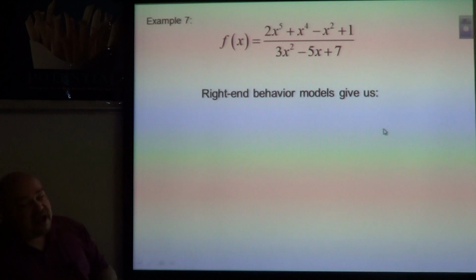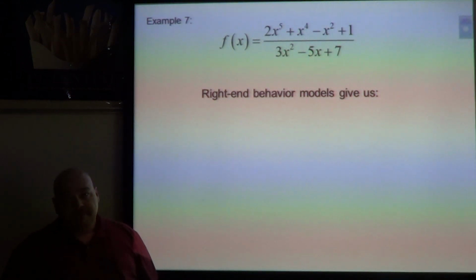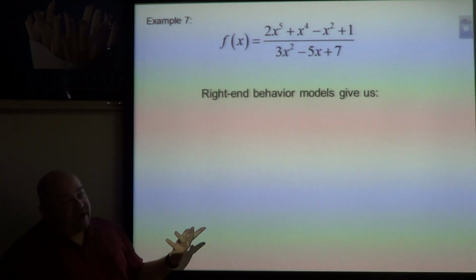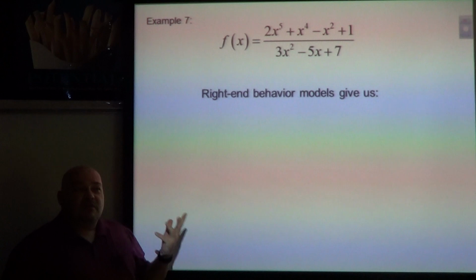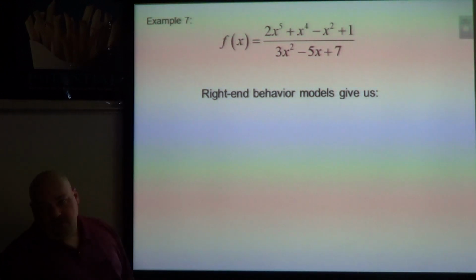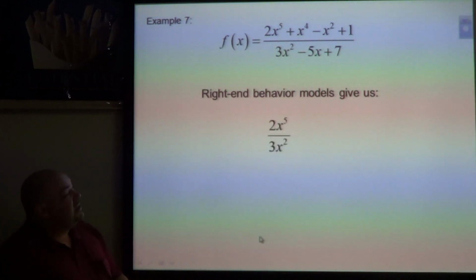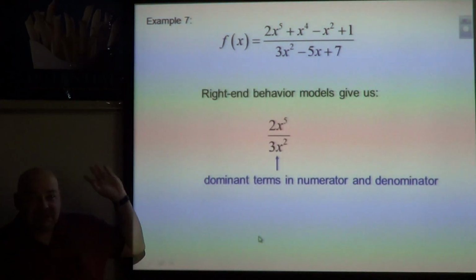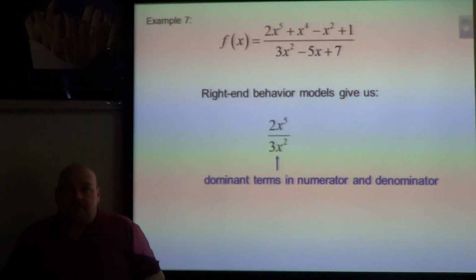So for our right end behavior model, we can look at this and ask, what's going to control the value on top? It's going to be that 2x to the fifth. What's going to control the value on the bottom? It's going to be that 3x squared. We talked about the fact that all that other stuff is essentially irrelevant. It becomes negligible. So here are the dominant terms at the top and bottom.